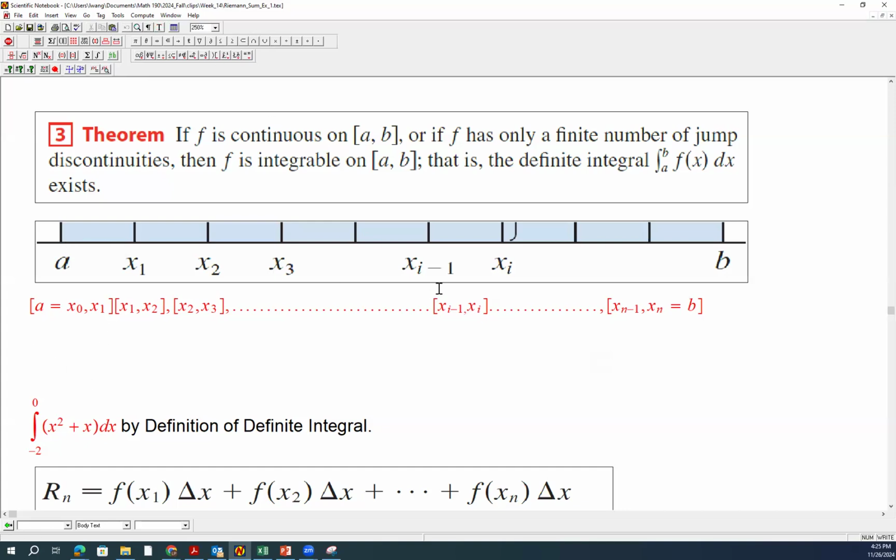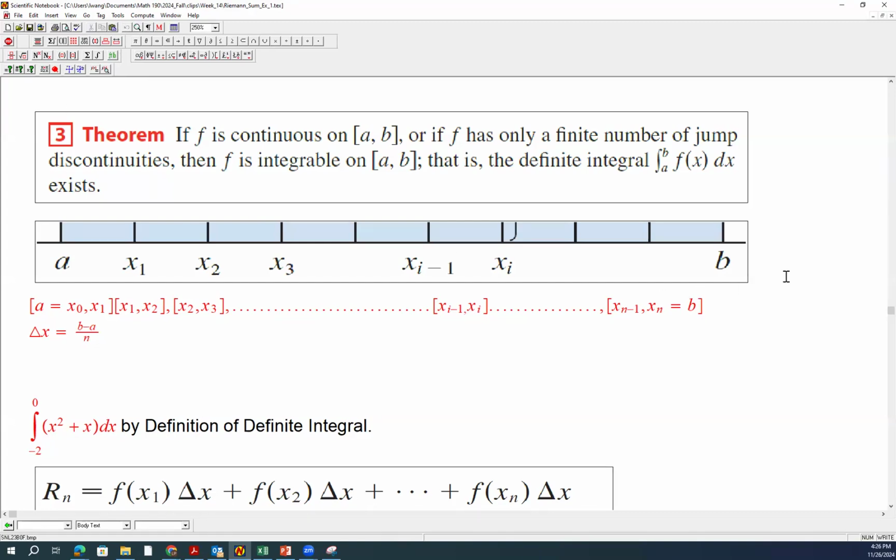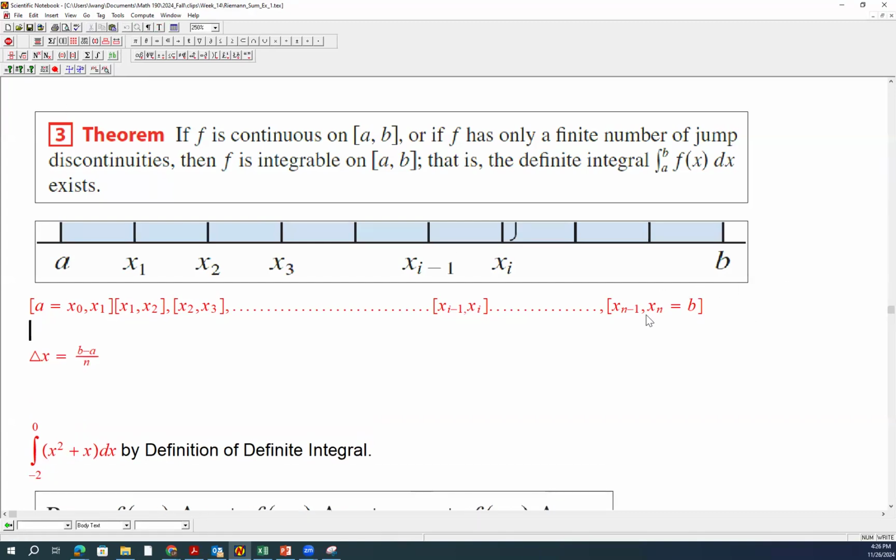So the width we're going to call delta x. Delta x is even because the theory allows us to; we can choose even or uneven, it doesn't matter.